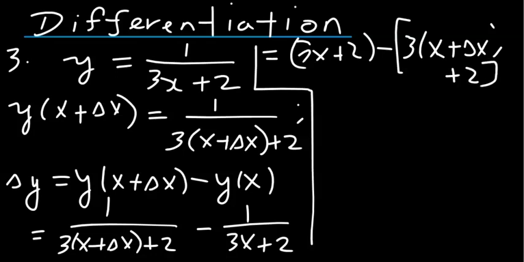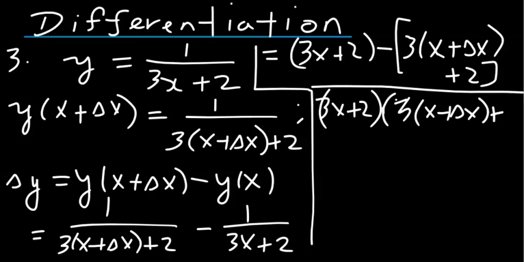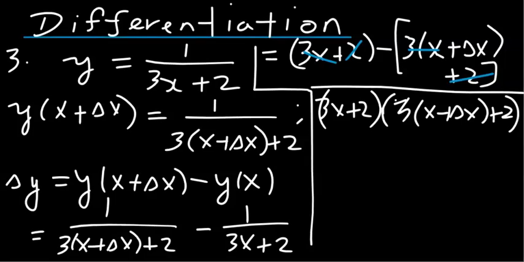So we are making the denominator equal, and the denominator is quite simply 3x plus 2 times 3 times x plus delta x plus 2. You see that this 3x will cancel that 3x, this 2 will cancel that 2, and the numerator is left with only minus 3 delta x.